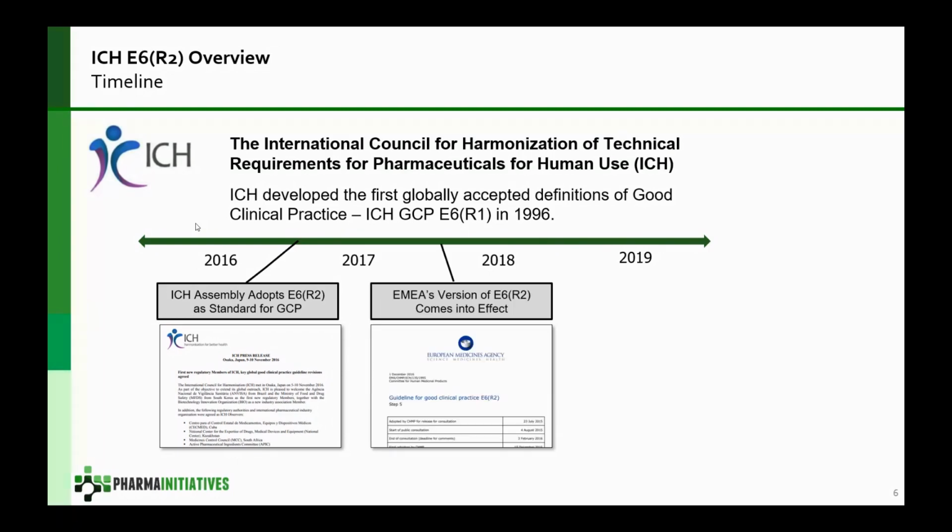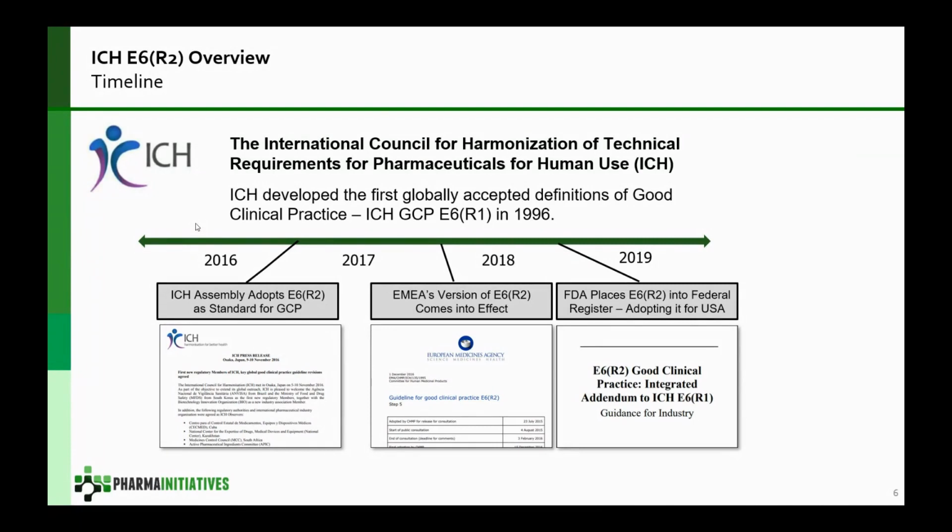The EMEA adopted their slightly modified but pretty much the same version in 2017, and then the US placed E6R2 into the Federal Registry in 2018, once the FDA put it into the Federal Registry, acknowledging it as the standard for the US.